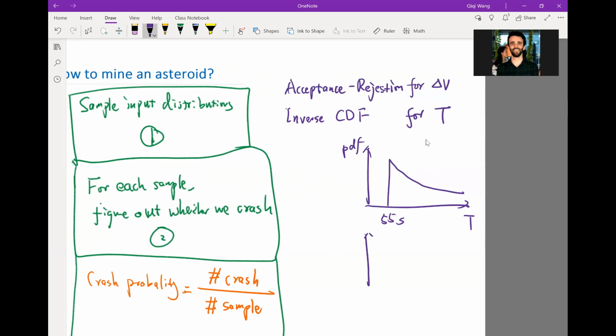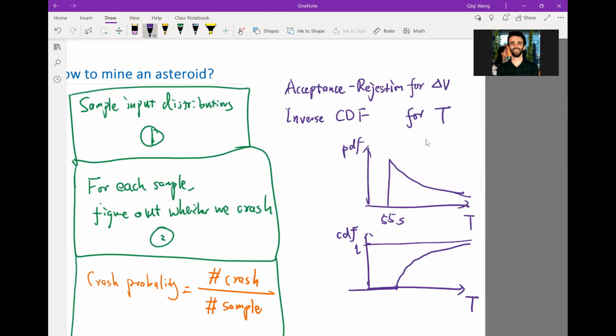So we have to look at the CDF first. The CDF as a function of t is going to be something different from the PDF. It always starts with 0, and it always ends with 1. For the exponential distribution, the CDF is also exponential, except it approaches 1 exponentially.